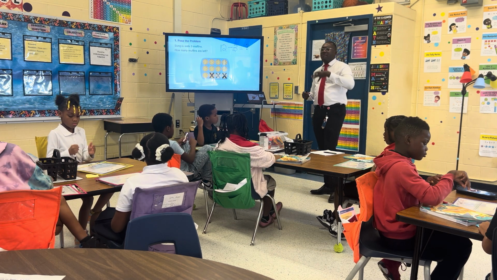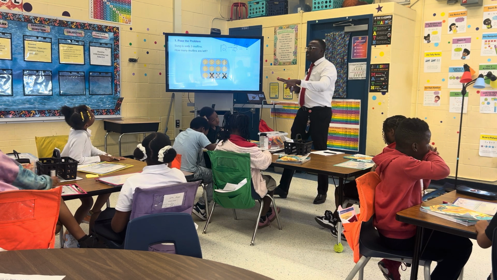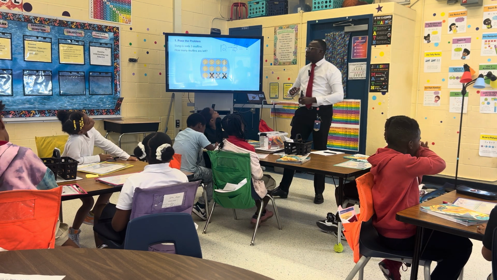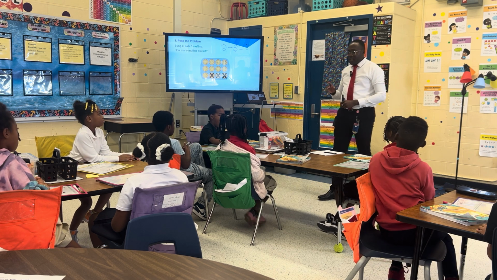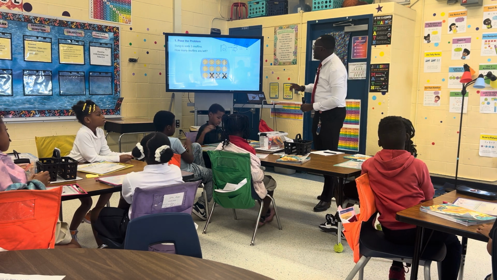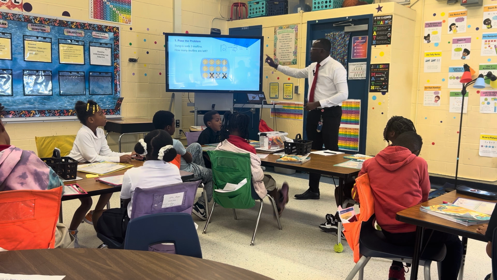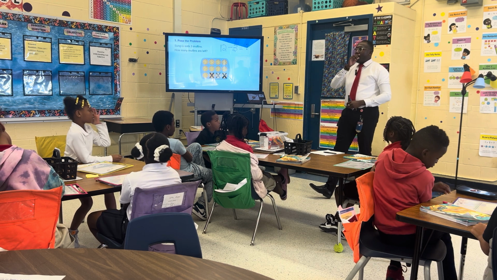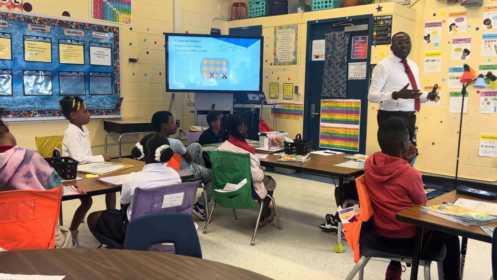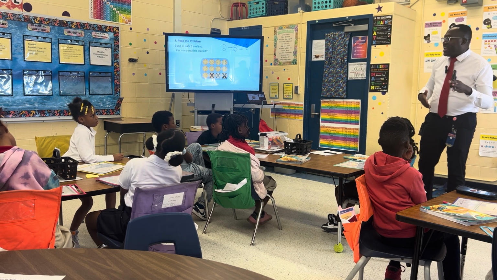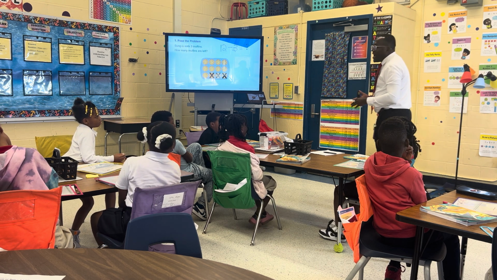Now, we have different subtraction strategies that we can use to solve this problem. But remember, when we are subtracting, will our answer be less than the whole or more than the whole?